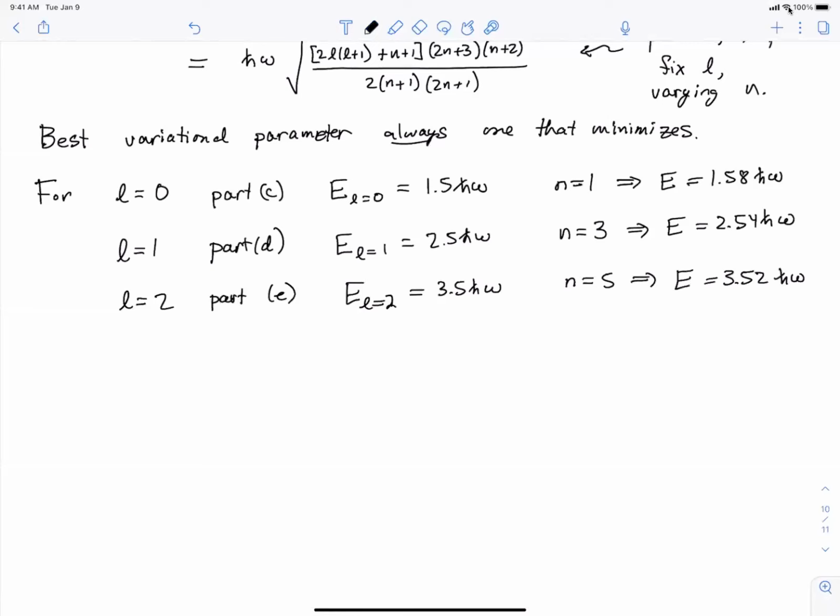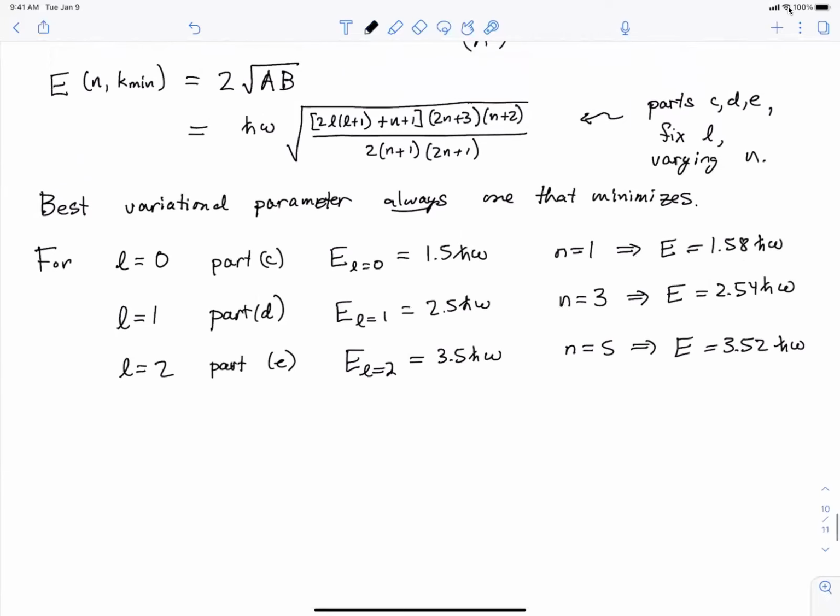For larger L, this thing gets better and better. You can sort of see that by staring at this thing under the square root. Because when L gets very large, we just have something proportional to L, and then some stuff here that for larger n is just approaching 1/2.